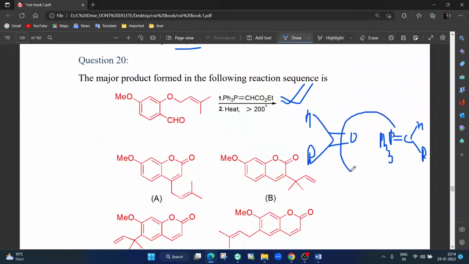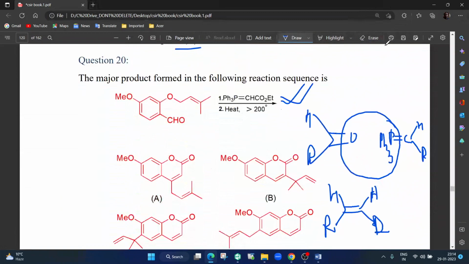It's a huge driving force for the Wittig reaction. P double bond O, POPh3 leaves, and so this double bond continues here, and this forms an alkene. That is what a Wittig reaction is.